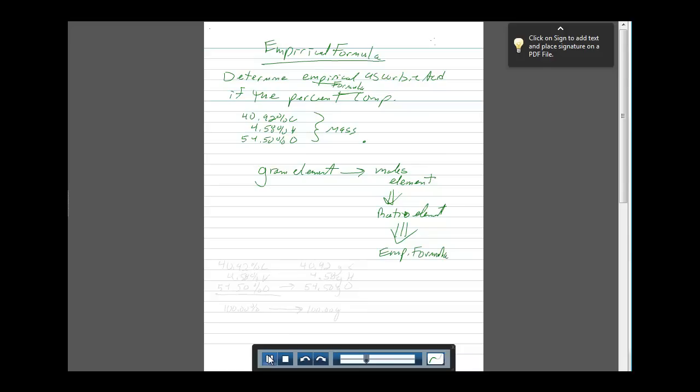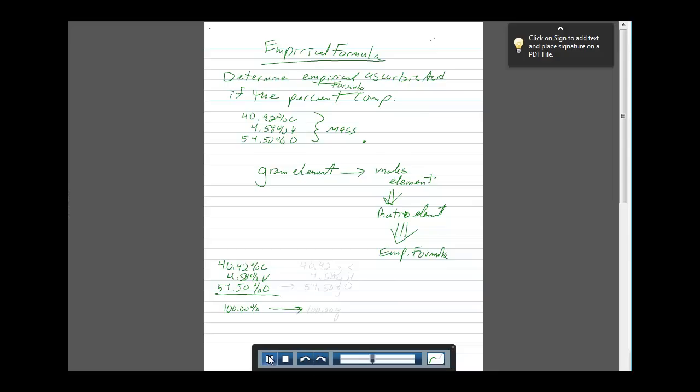And in this particular case, we know that we have 40.92% carbon, 4.58% hydrogen, 54.50% oxygen. Now, you'll notice that all of these percents, when you add them up, add up to 100%.